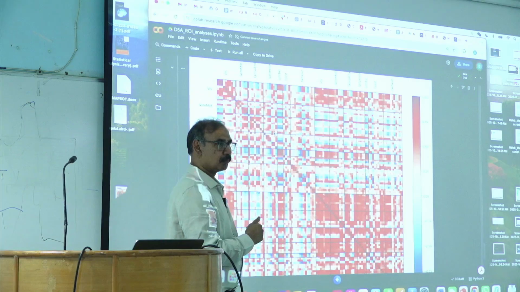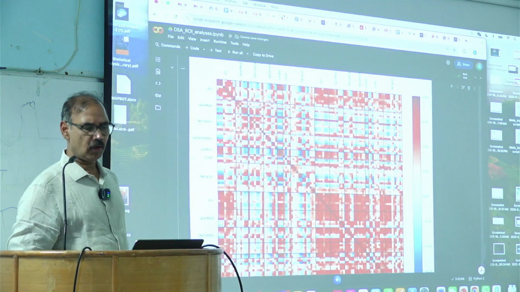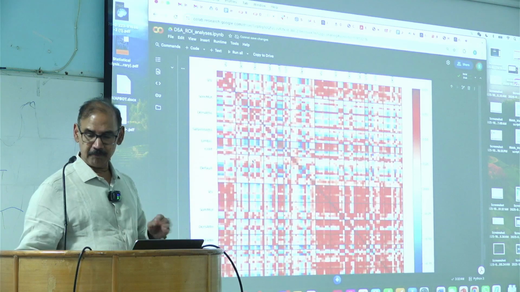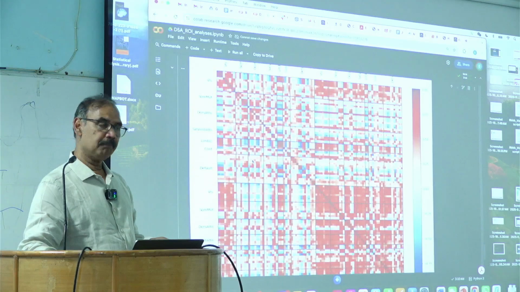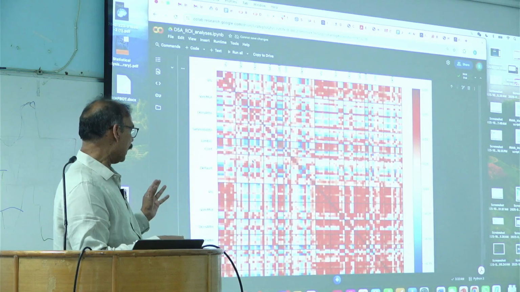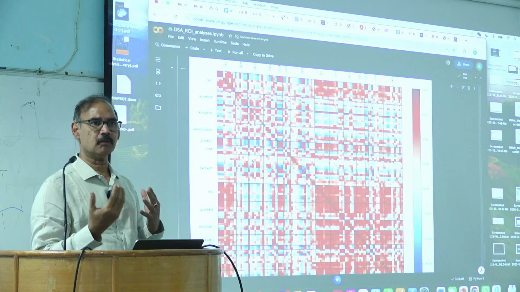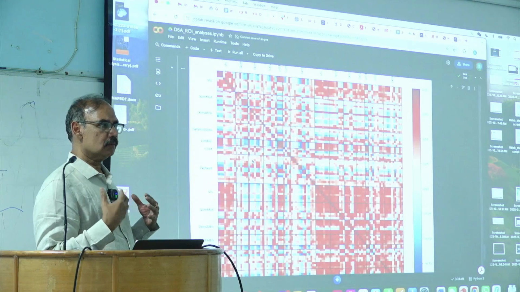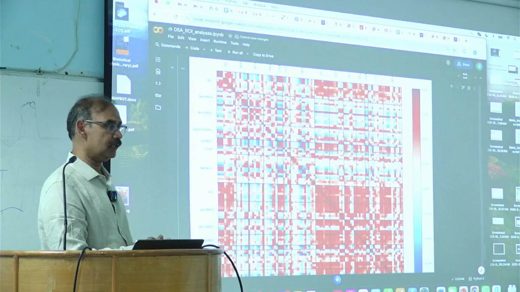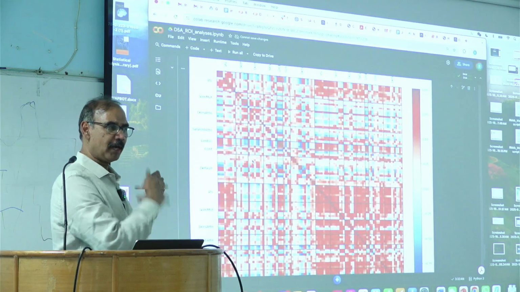Okay, and so you can think of this in a different way. This gives you more information about every region with every other region. So it tells you a global connectivity pattern, if you will, right? So here it's not hypothesis driven.